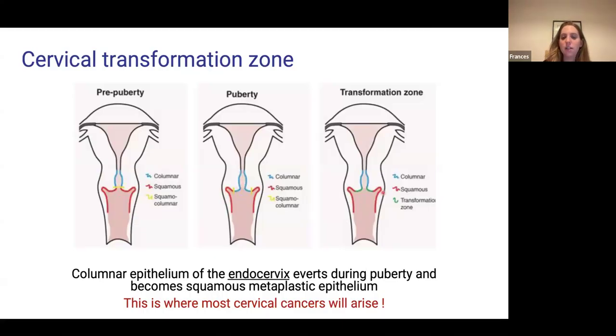And when they do that, they basically transform. So they undergo this process called metaplasia, i.e., they switch from columnar cells to squamous cells. And so this is called your transformation zone, this area of metaplasia. And you can see it on a speculum examination. And that is where most of your cervical cancers arise, because these cells are quite proliferative, and so HPV is more likely to target these cells.